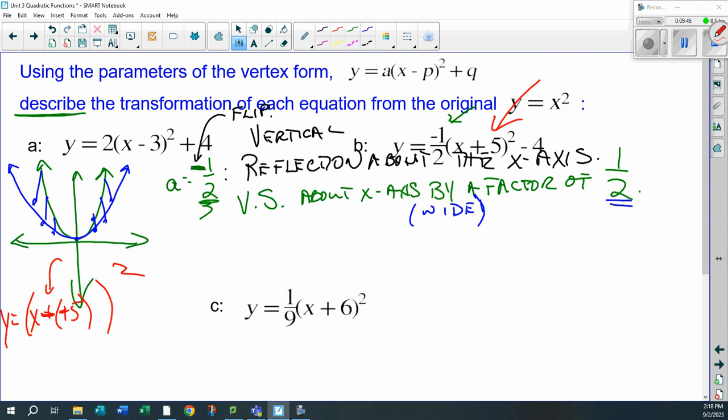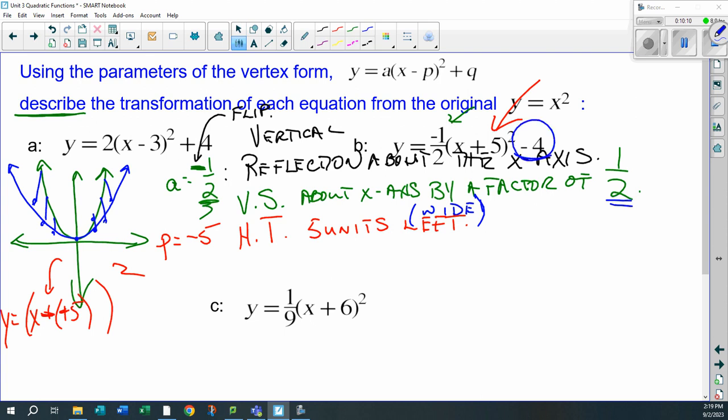So your p-value then is actually -5, which if you remember, this is a translation and it's a horizontal one. So we're going to call it an HT, a horizontal translation of 5 units. This would be left.